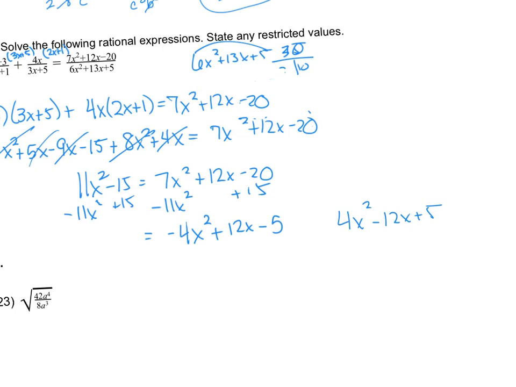Factors of 20 that add to 12. 10 and 2. Take out a 2, 5 and 2, 2x minus 5, 1, 2, 2x minus 1, so x equals 5 over 2 and 1/2.